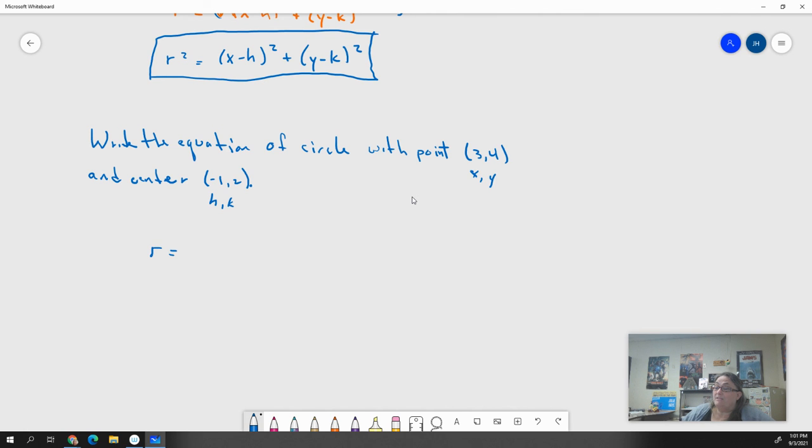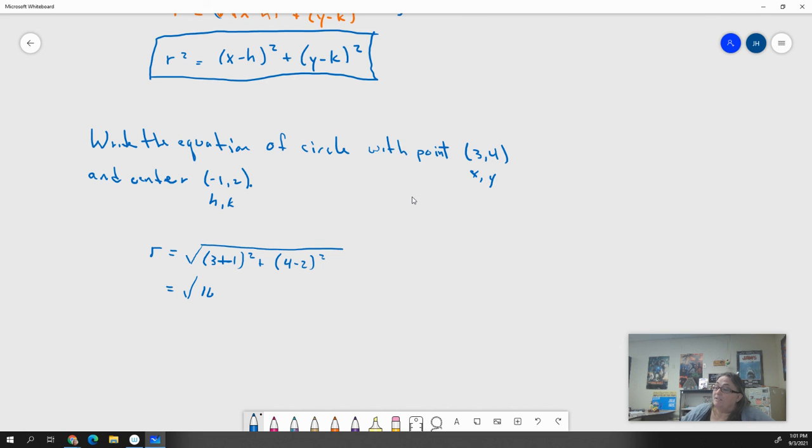So we know that the radius is going to equal the square root of (x minus h), so (3 minus minus 1) squared, plus (4 minus 2) squared. And if we play with this a little bit, 3 minus minus 1 is the same as saying 3 plus 1, 4 squared is just 16.